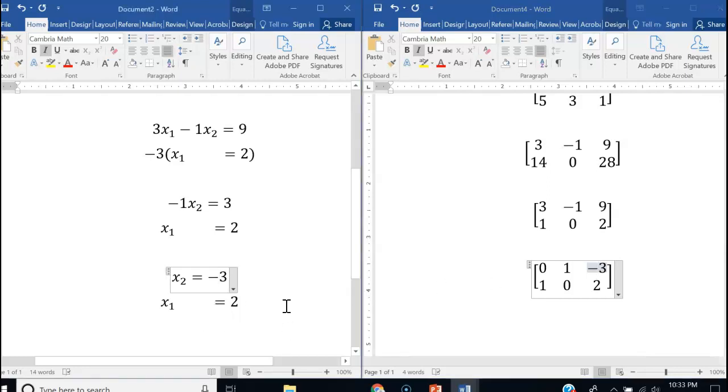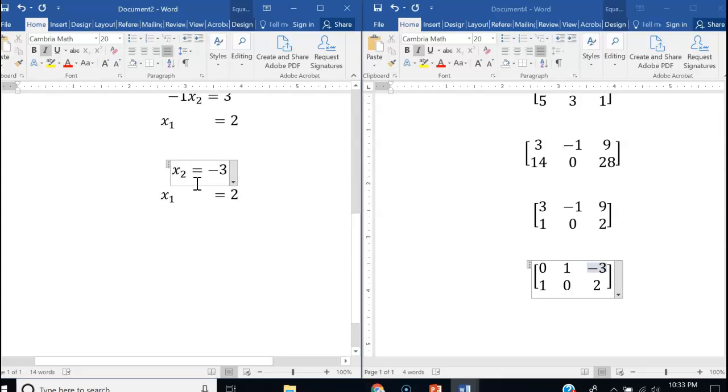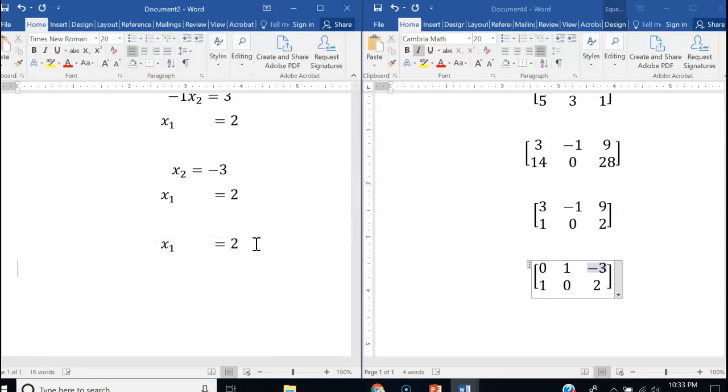And just for the sake of notation, usually I end up with x1 on the top and x2 on the bottom when I'm dealing with my equations on the left. So I can just swap the order of them if I wanted to: take the top equation and make it the second equation, take the second equation and make it the first equation.